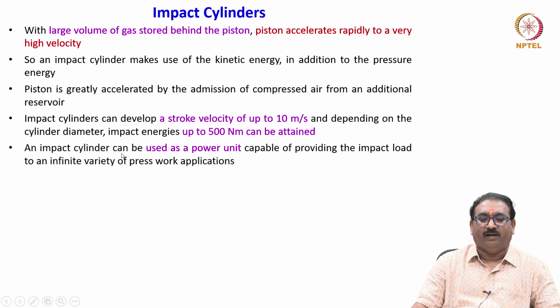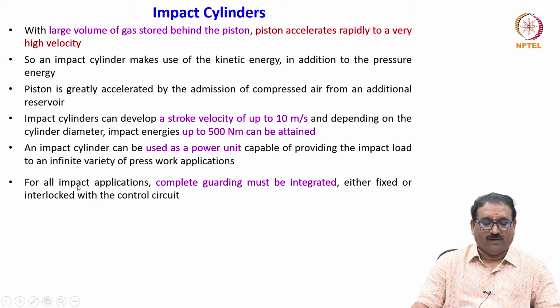An impact cylinder can be used as a power unit capable of providing the impact load to an infinite variety of press work applications. For all impact applications, complete guarding must be integrated, either fixed or interlocked with the control circuit.